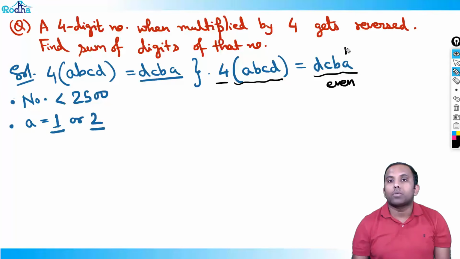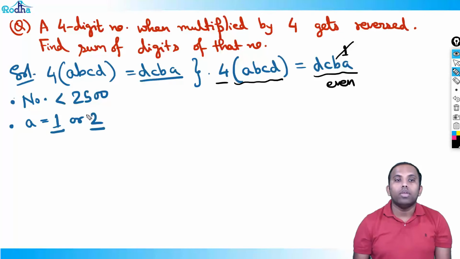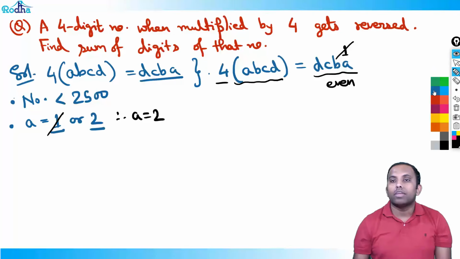That means A cannot be 1, because if A is 1, the number is ending in 1. The number ending in 1 means what? The number will be odd. So A cannot be 1. That means for sure A has to be 2.